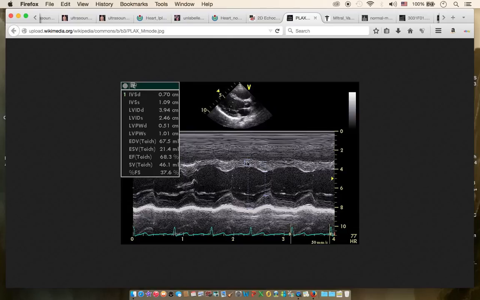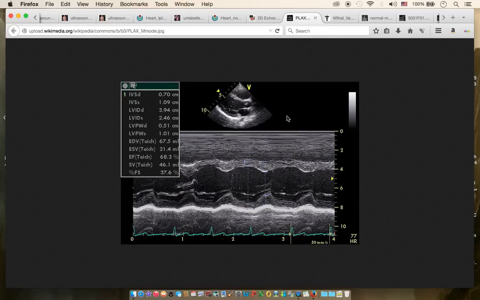As I said, during diastole it's relaxing at the same time, and during systole, contracting at the same time. That means there is synchronism between them. That means I can measure the distance here during diastole, and the distance here during systole, and the machine will calculate that, and it can measure the ejection fraction of the patient.